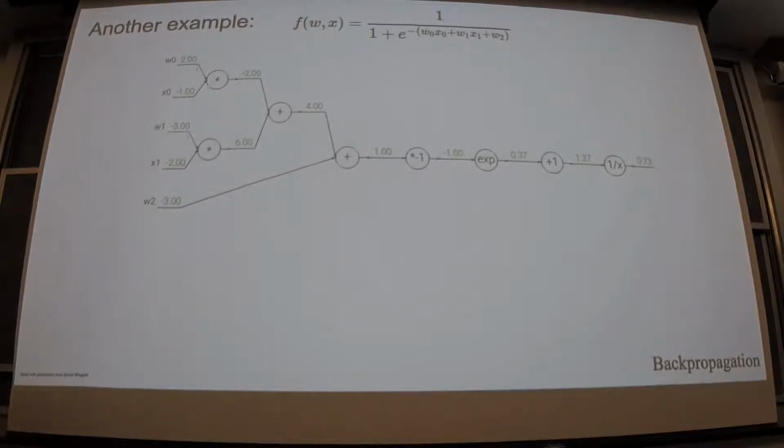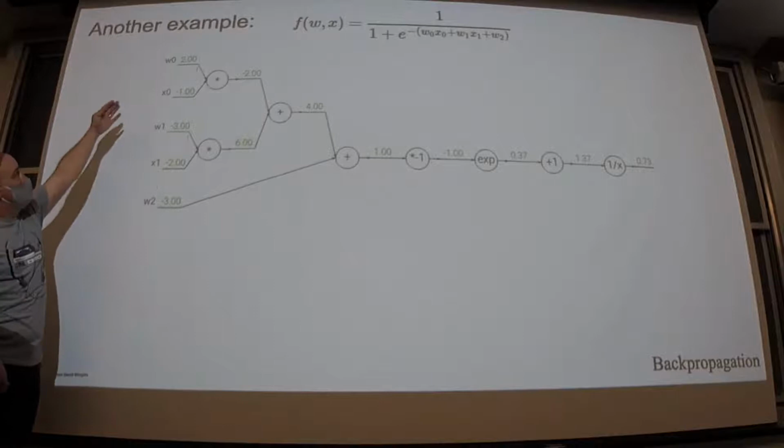It's a function of the parameters w and the input x. w is a vector of 3 numbers, w0, w1, w2, and x is a vector of 2 numbers, x0 and x1. This w2 acts as a kind of bias term in that operation up there. But it's just 1 over 1 plus e to the minus that sum. Okay?